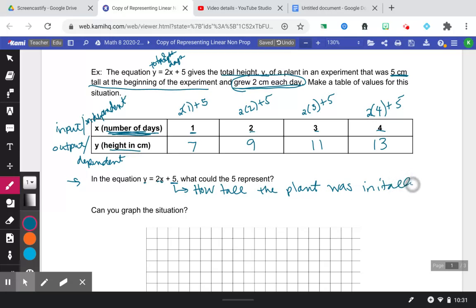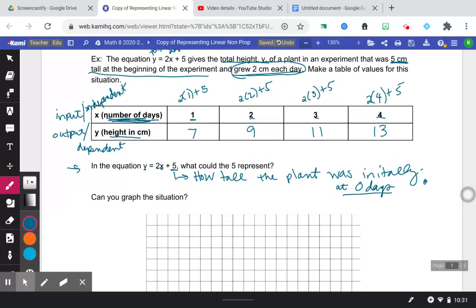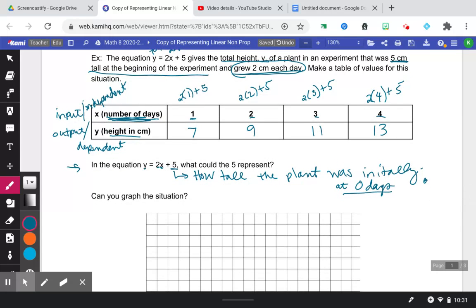So if that's how tall it is initially, this is also how tall it was at the start, or 0 days that we've been keeping track. This is going to be really important when we start explaining the different parts of our equation.